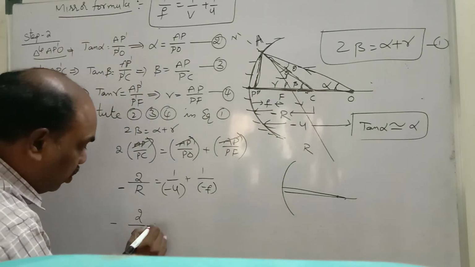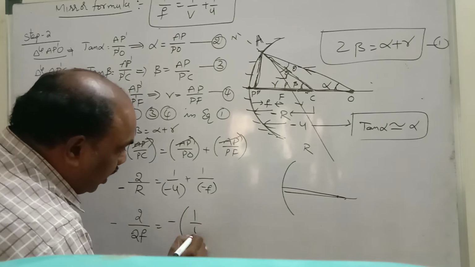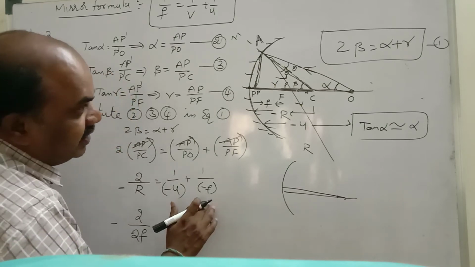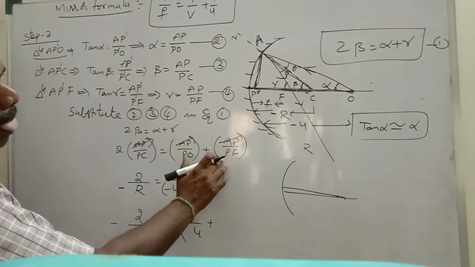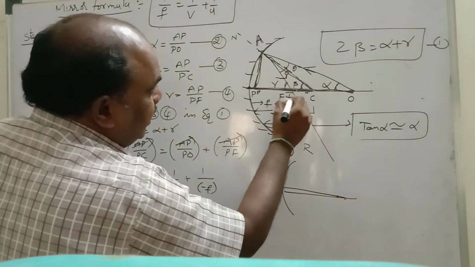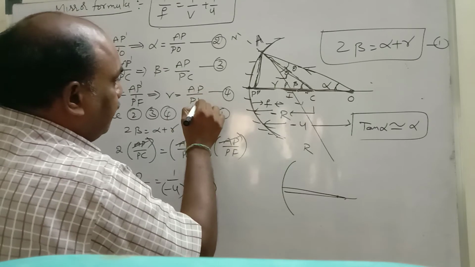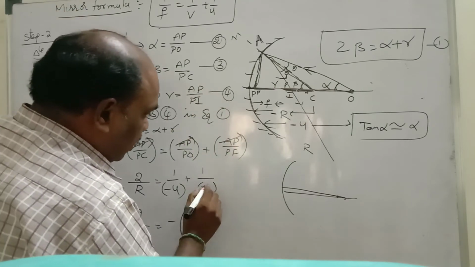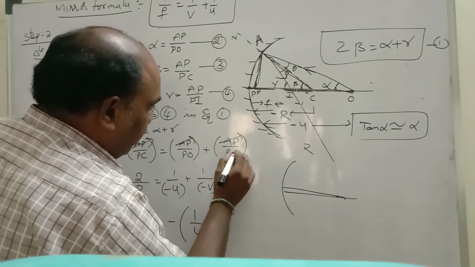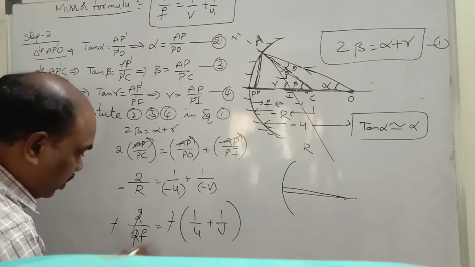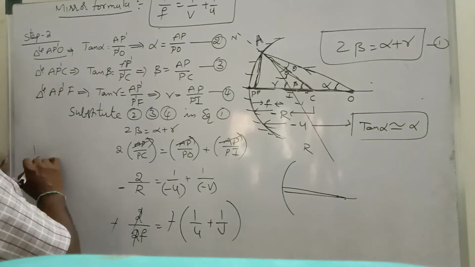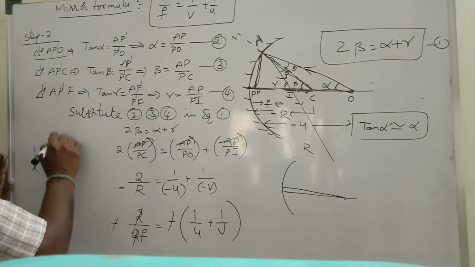So 2 by 2f is equal to minus common, 1 by u plus 1 by AP by, sorry, this is image, not focal length, this is image. 1 by v, minus minus cancel, 2 cancel. Now you will get 1 by f is equal to 1 by v plus 1 by u.